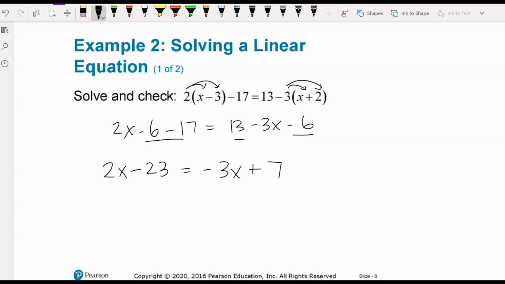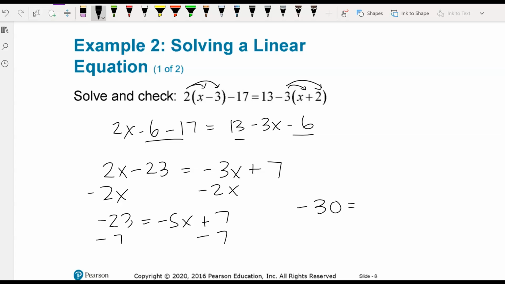Then we're going to move our 2x over. So we have negative 5x plus 7. Then move the 7 over. So we get negative 30 equals negative 5x. Divide by negative 5, and we get x equals 6.